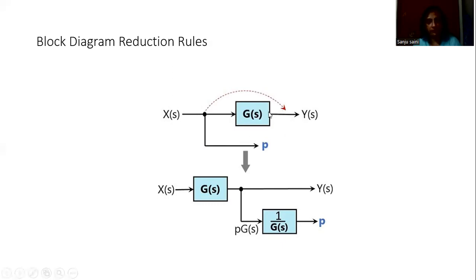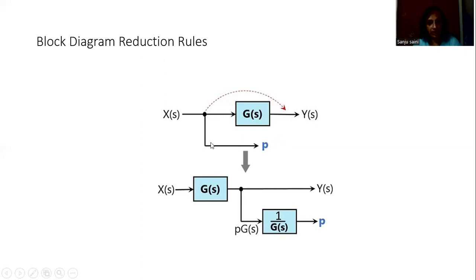In case I shift it to this place, the signal at this place will become X(s) multiplied by G(s). And if we want to take this signal from here directly, we'll get the signal as X(s) multiplied by G(s). But we cannot change the original system.